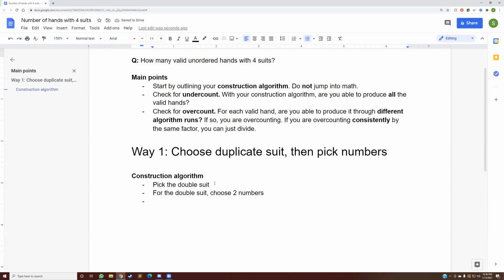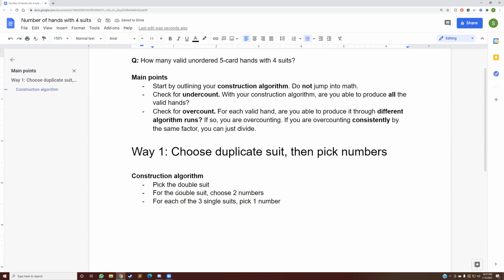And then what is the final step, to construct a full 5-card hand? The remaining 3 suit cards. Right. For each of the 3 single suits, pick 1 number.